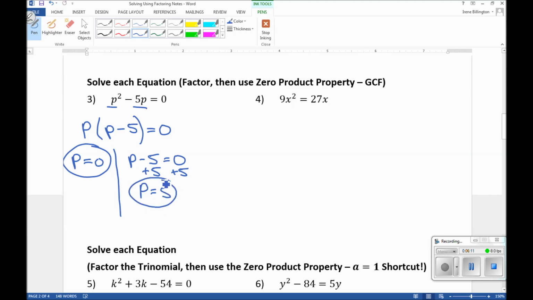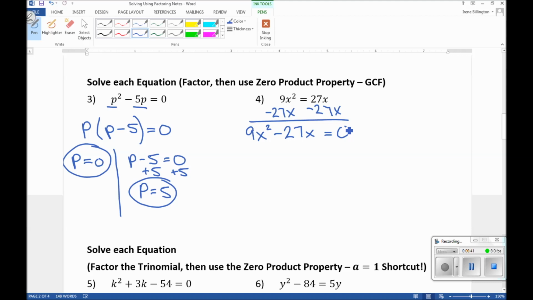Now on example 4, you will notice that my equation does not equal 0. And in order to use zero product property, the equation must equal 0. So the first thing that I will do is move this 27x to the left of my equation, which gives me 9x squared minus 27x equals 0.